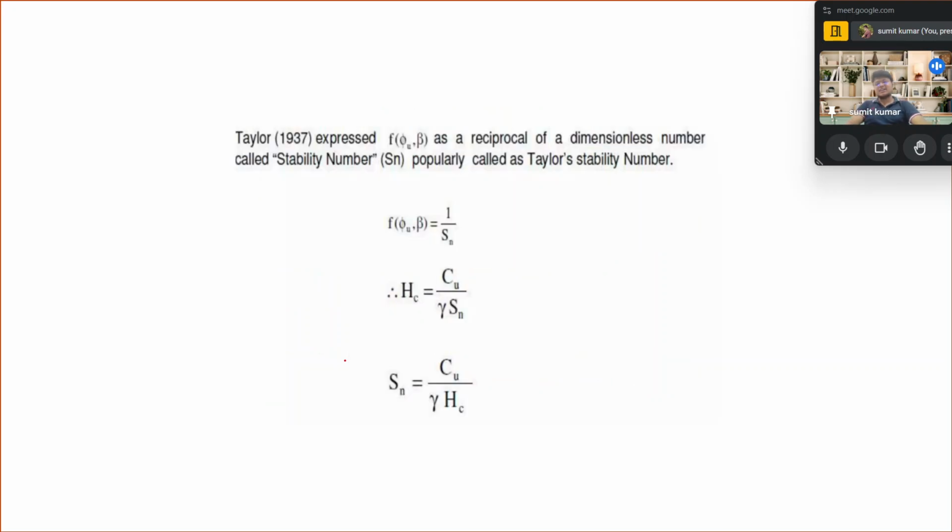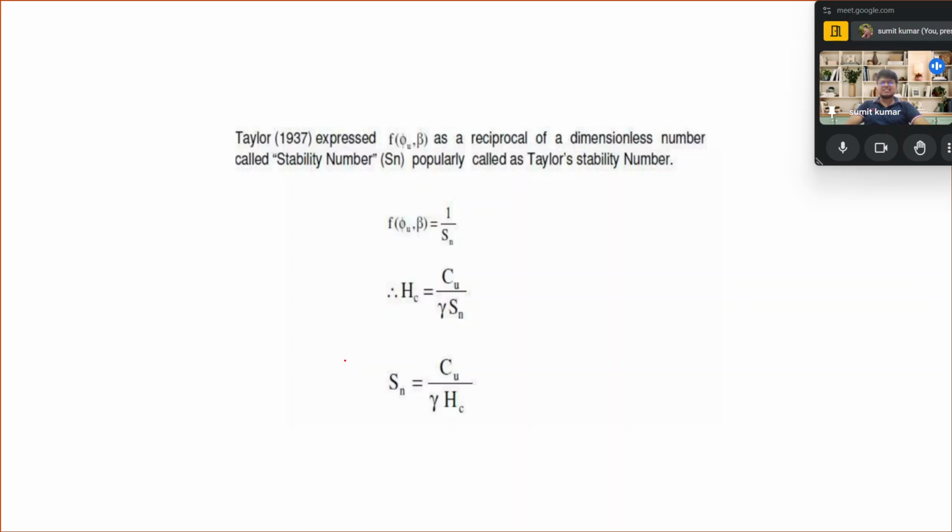So Taylor in 1937 expressed f(phi, beta) as a reciprocal of a dimensionless number called the stability number Sn, popularly called the Taylor stability number, which is a function of phi and beta, stated as 1 by Sn.